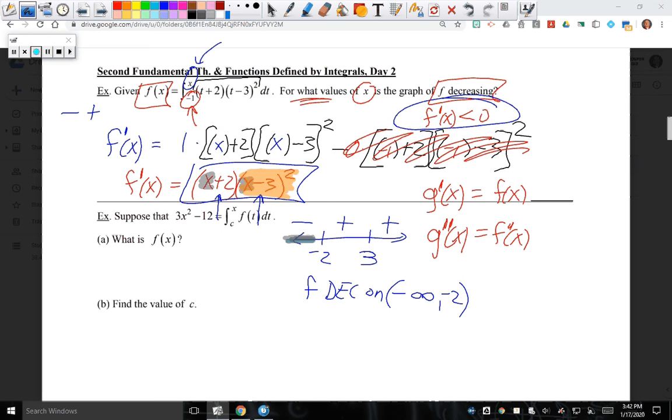What other answers could we show? How about negative 1 to negative 2? You'll see that? So you could say f decreases on negative 1 to negative 2.